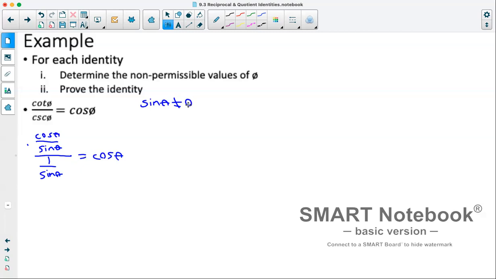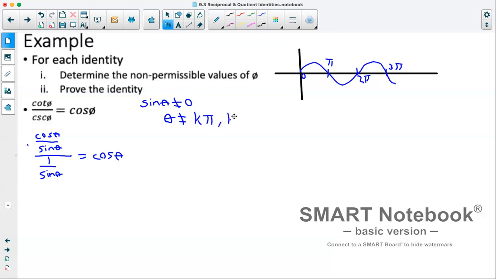Now, we know from our graph of sine theta, which we'll just quickly review, that it looks something like this, where we have zeros at 0, pi, 2 pi, 3 pi, and so on. So therefore, theta cannot equal k times pi, where k is an integer.